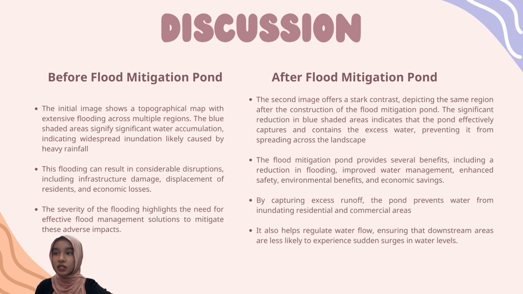The flood mitigation pond provides several benefits, including reduction in flooding, improved water management, enhanced safety, environmental benefits, and economic savings. By capturing excess runoff, the pond prevents water from inundating residential and commercial areas. It also helps regulate water flow, ensuring that downstream areas are less likely to experience sudden surges in water levels.